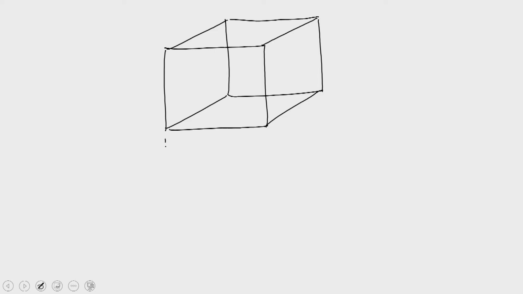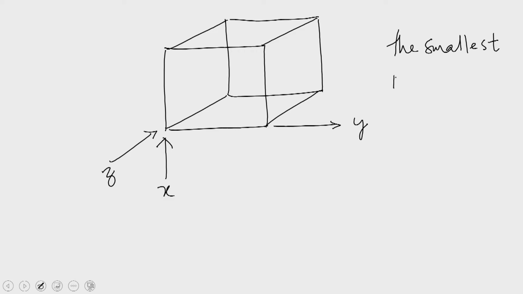Let me represent the mesh using a cube to indicate the 3 dimensions. Let us say the vertical dimension is the x dimension, the horizontal dimension is the y dimension, and the dimension into the board is the z dimension. So, let us say we want to sort the elements so that the smallest n^(2/3) elements will be in the first xy plane.